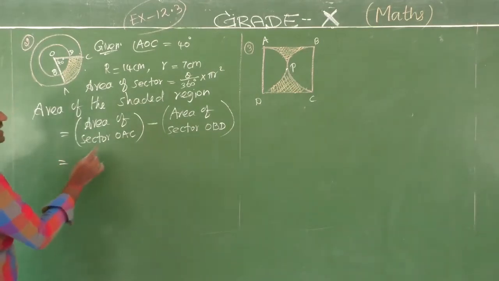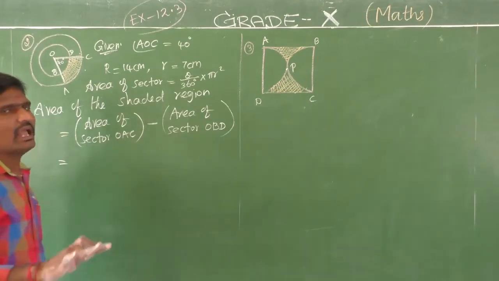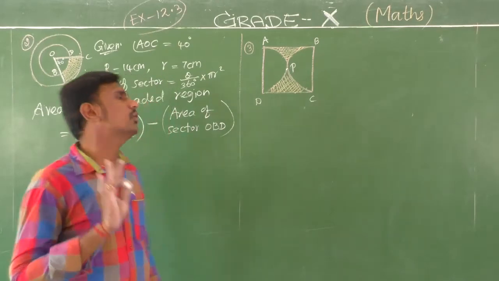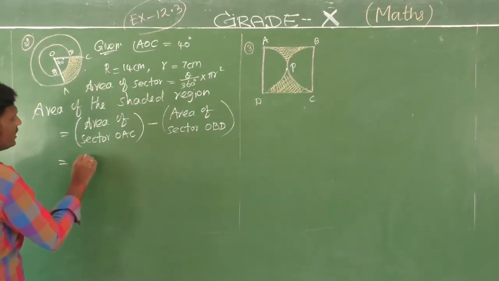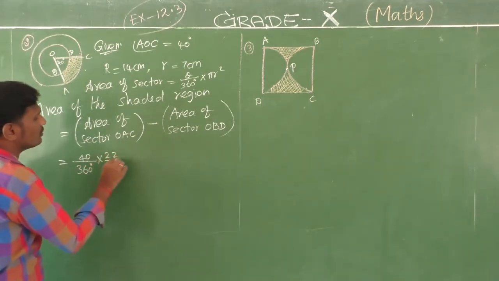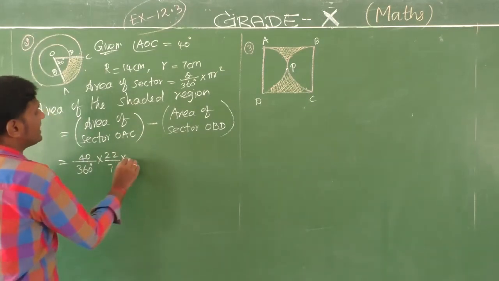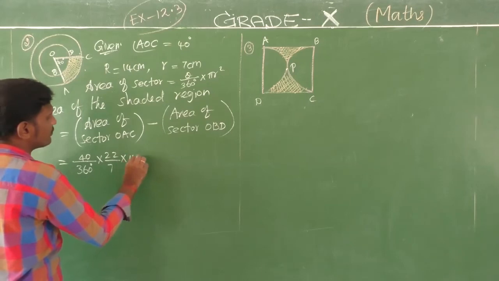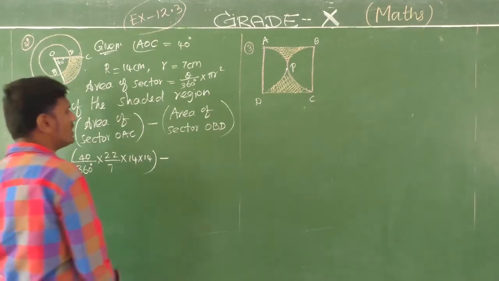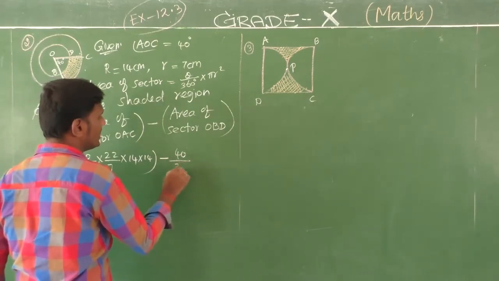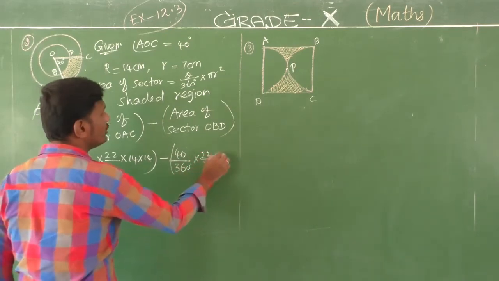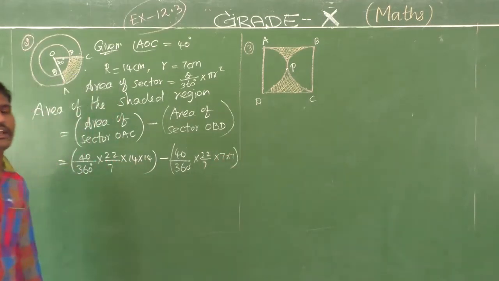So area of the sector OAC, theta, you have a common angle. The sector angle is common for both the concentric circles. Now theta is 40 degrees. So 40 by 360 into pi, which is 22 by 7, into the radius of the biggest circle, that is 14 into 14, minus the smallest sector, 40 degrees by 360 degrees into the same pi value 22 by 7, into radius 7 into 7.